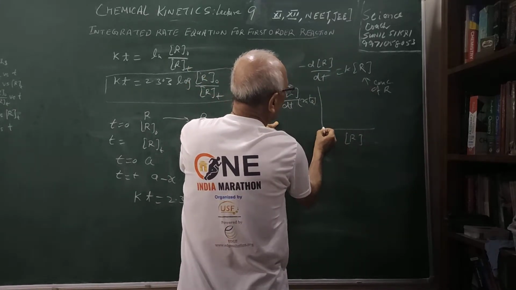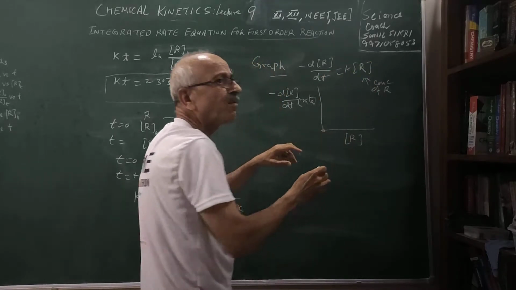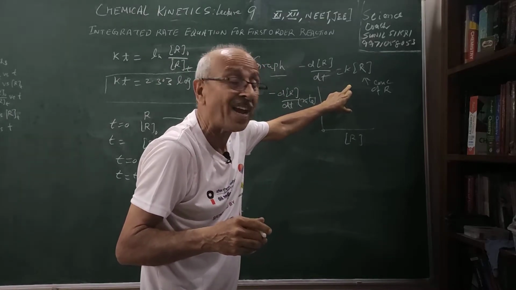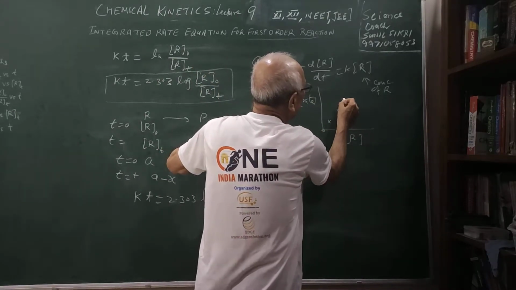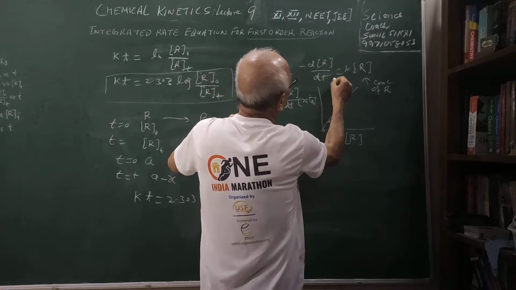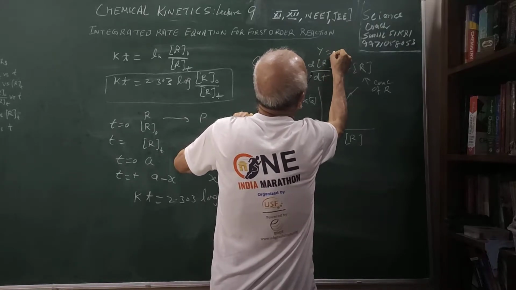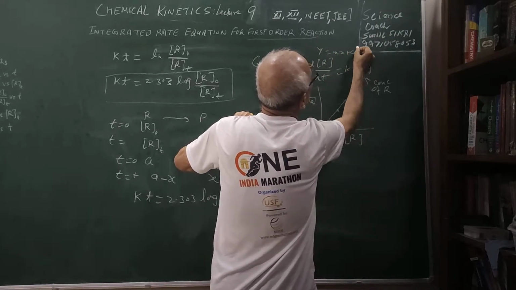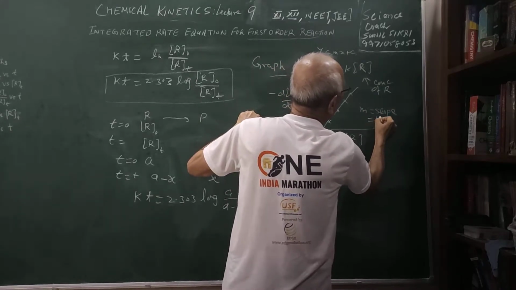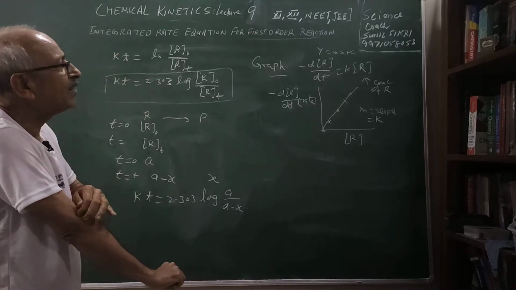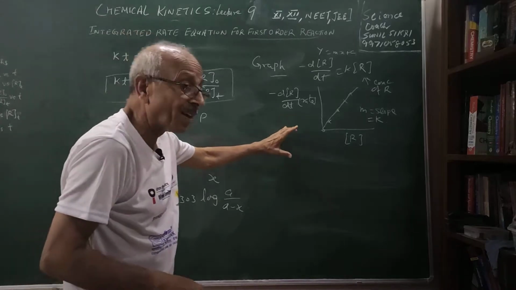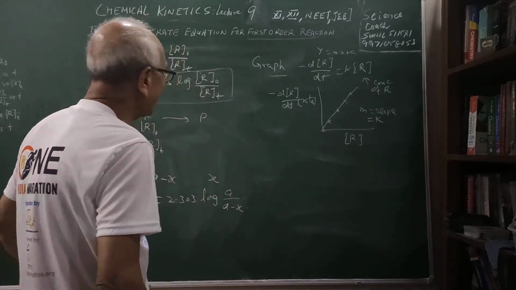When R is 0, the rate is 0, and the rate is directly proportional to the concentration of the reactant. As the concentration increases, the rate increases. So this is a straight line graph, y equals mx plus c. The intercept is 0 and m is the slope, which is equal to k. This is another graph which I have told you, because graph questions are always asked. We should be very careful about the graphs, because such questions will be there in the paper.